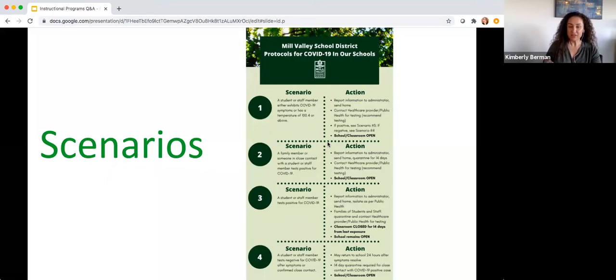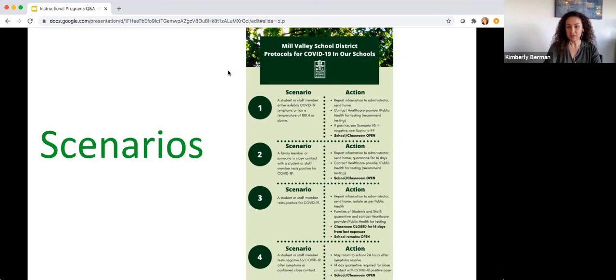In both scenario 2 and scenario 4, anyone related to that student or staff member's cohort would be getting notified. So you would get a notification at scenario 2 that we were looking at a student who was following up with their medical care, and we would keep you posted. In scenario 4, we would send you a letter and say it's all clear. Scenario 3 would be if the person, staff member or student in scenario 2, was positive, we would then take the course of action of closing that classroom or that cohort for 14 days.